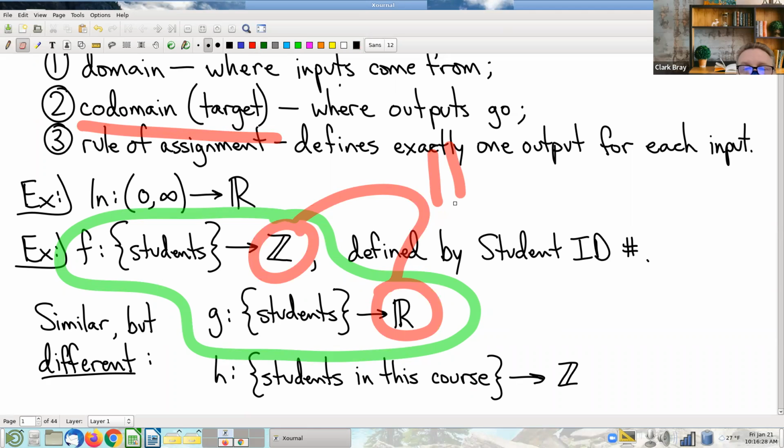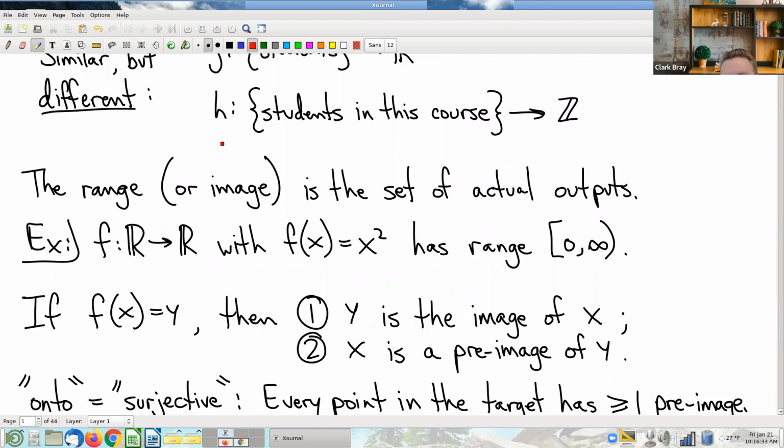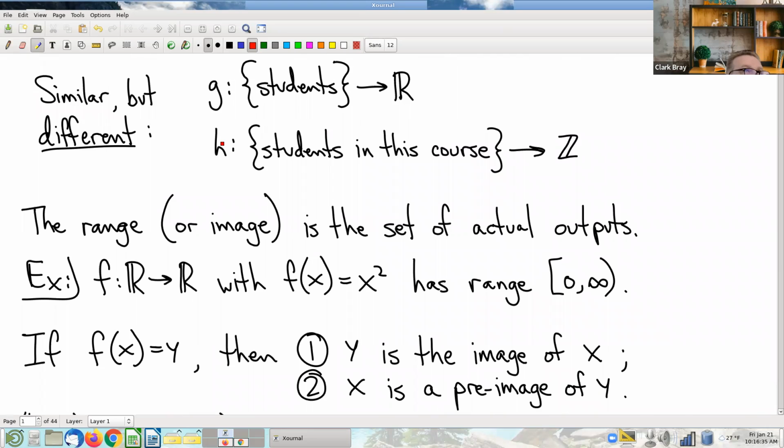All righty. Some more lingo that we have to define, and I'm going to try to be quick with this. Y'all may have seen some of this in a different context before. It's mostly just lingo, and it's stuff that you can look at and think through on your own. The word range gets used in this book, probably more often than not this way, but it is used differently in other contexts.